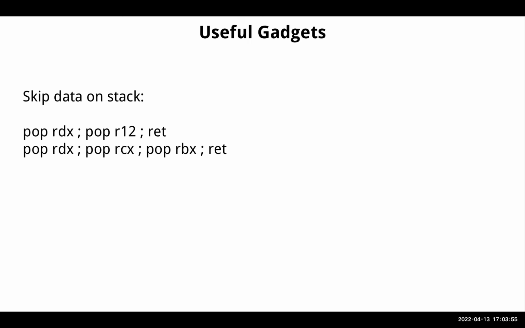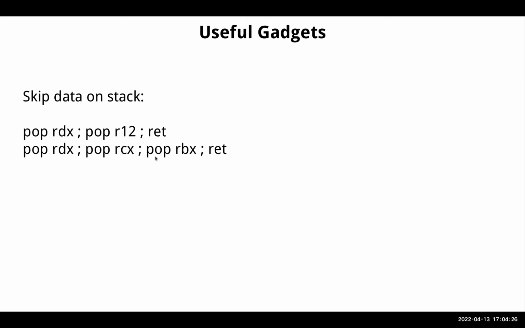So before we dive into that example, let's look at some useful gadgets you may use when you build a ROP chain. For example, if you want to skip some data on the stack, you can just pop them into registers you don't want to use. If you want to skip two items, then you just pop twice.